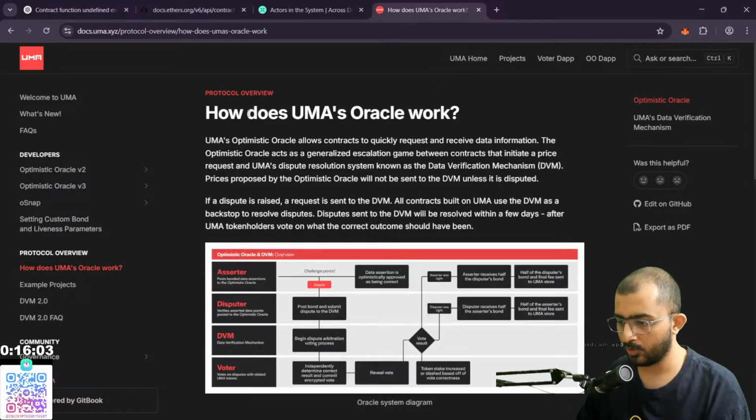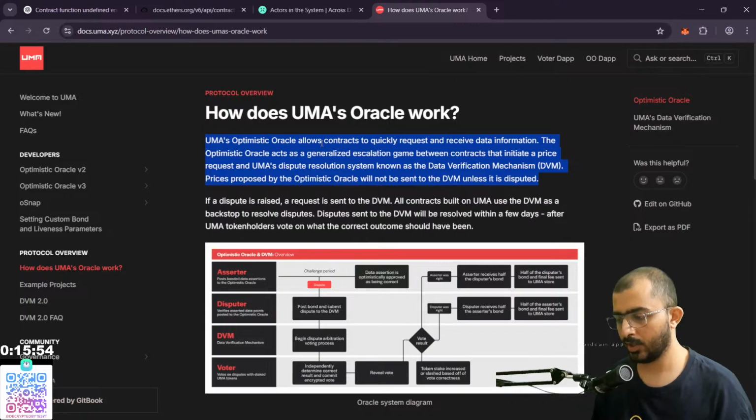How does UMA's oracle work? Optimistic oracles allow contracts to quickly request and receive data information.